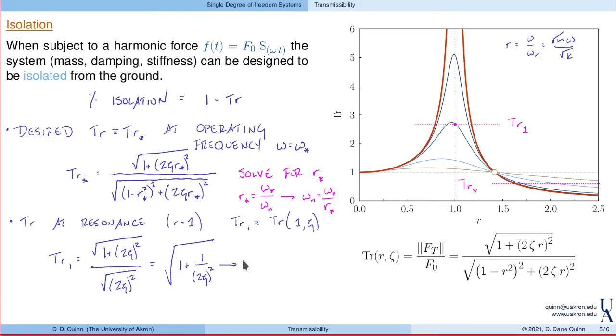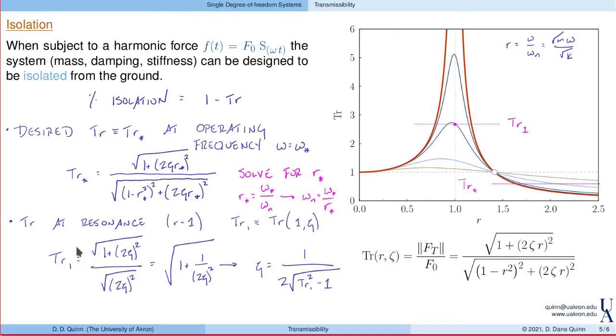And now, given this transmissibility, TR1, we can solve for the damping ratio. So that the damping ratio is 1 divided by 2 square root of TR1 squared minus 1.